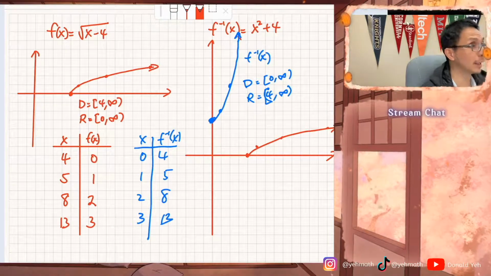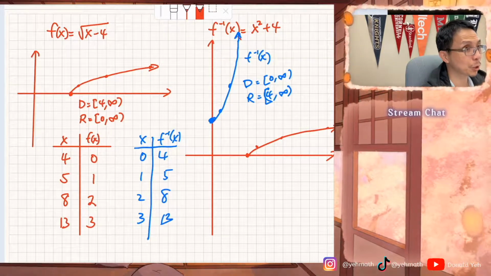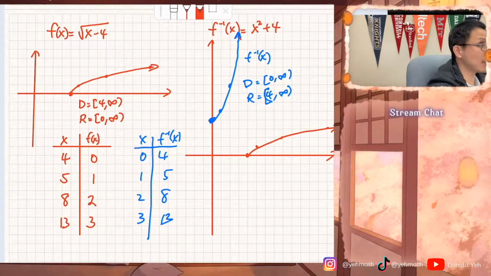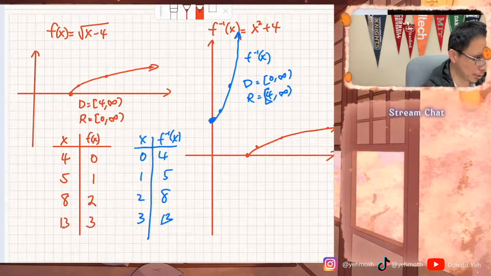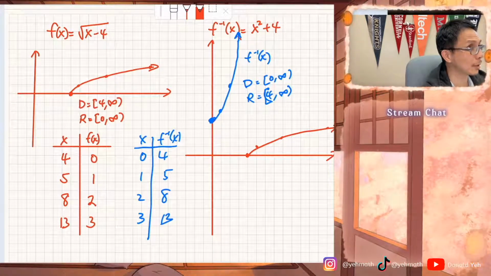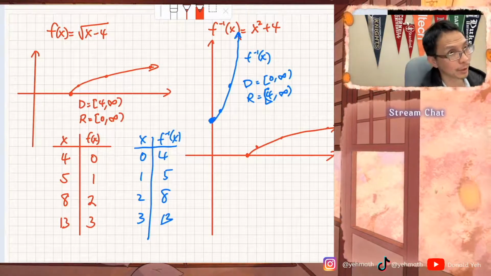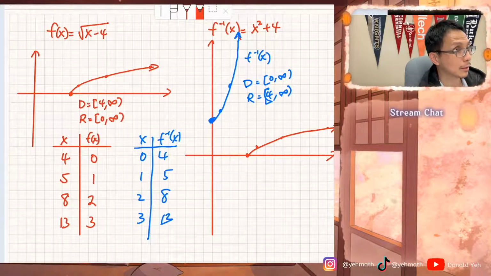Do you see it automatically restricts them? Because the original function is restricted, the other side is also switched. But if you start at a parabola, which is x squared plus 4, then you have to restrict it first to have an inverse. You can restrict the right side or left side to have an inverse to the other side. Very good question.